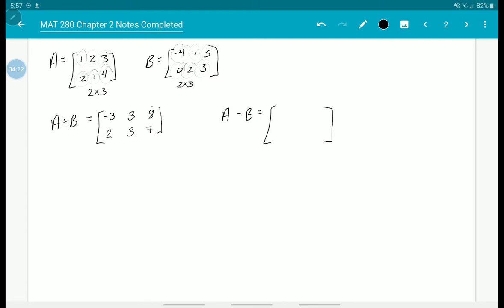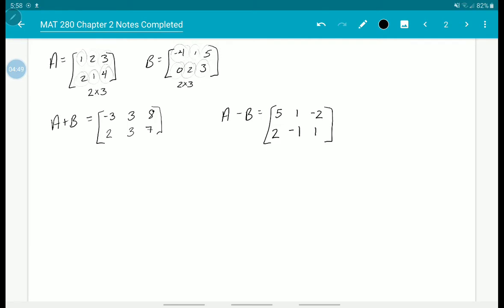So in this case, we're going to have 1 minus -4, which will be a 5. We have 2 minus 1, which is 1. 3 minus 5. 2 minus 0. 1 minus 2. And 4 minus 3.